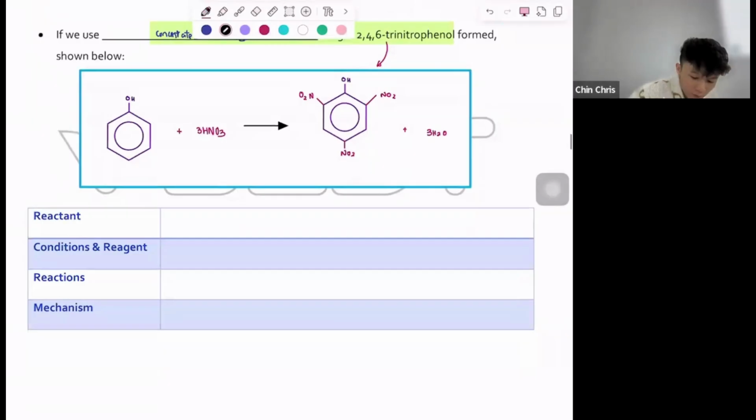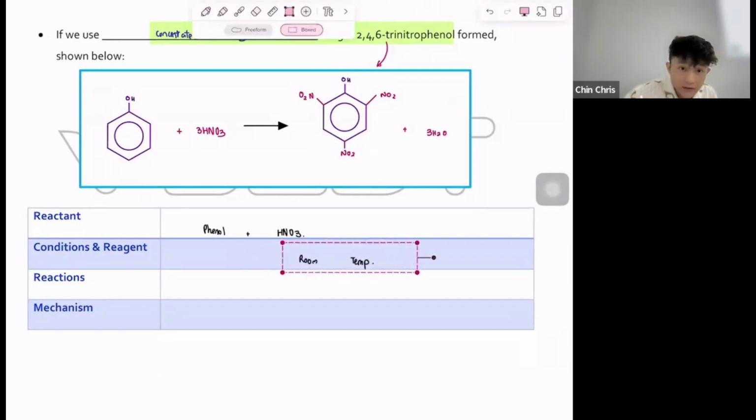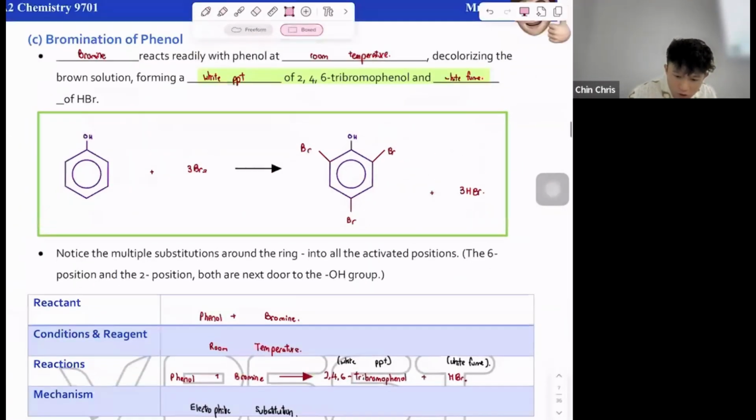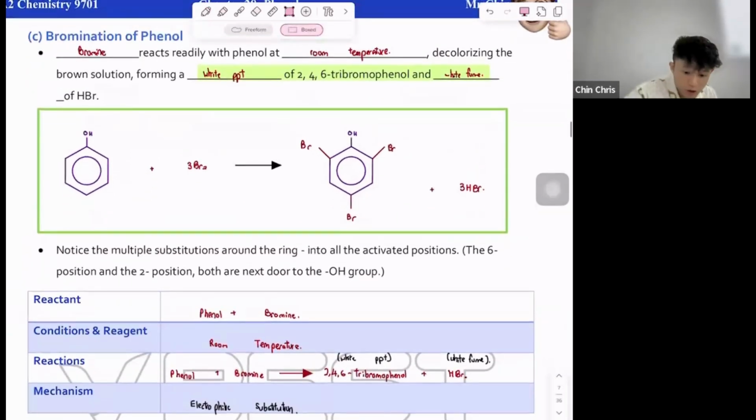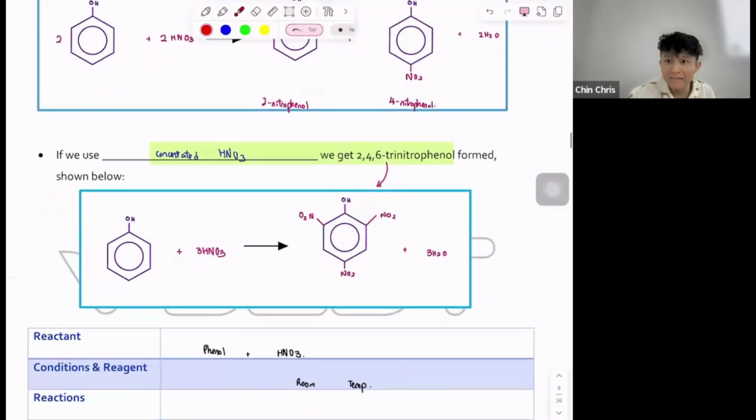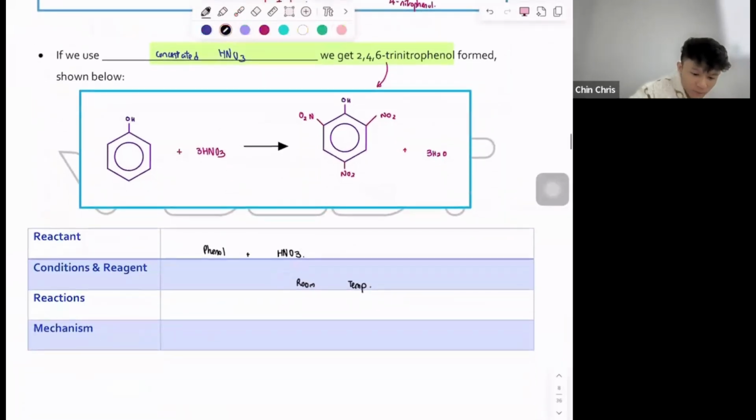Alright guys, now to wrap it up. We have phenol plus HNO3. The condition again is room temperature. If you use dilute HNO3, what do you get?